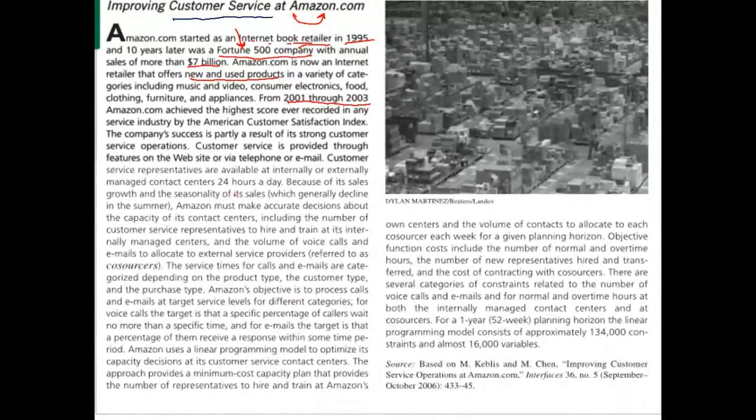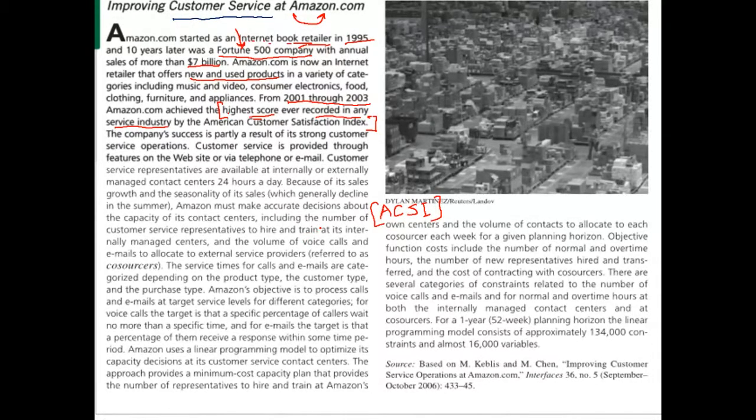From 2001 to 2003, before it was included in the Fortune 500, Amazon.com achieved the highest score ever. You should note this. This is very important: the highest score ever recorded in the service industry by the American Customer Satisfaction Index, ACSI. It's a very important name for us as students to know, especially if we are engaged mainly in service.